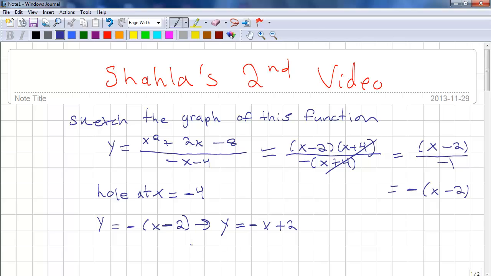Since this is what we got after division, the simplified version, we are going to substitute the negative 4 for x and solve for y so we can get the coordinates of the hole, and so we can sketch off of that.